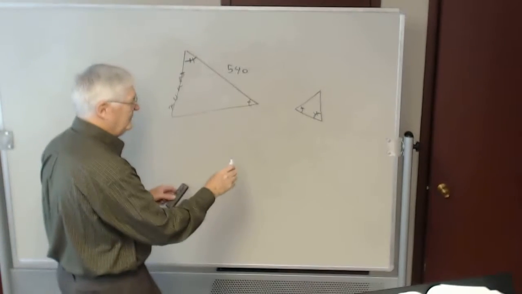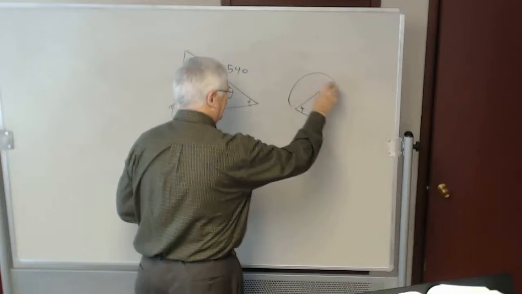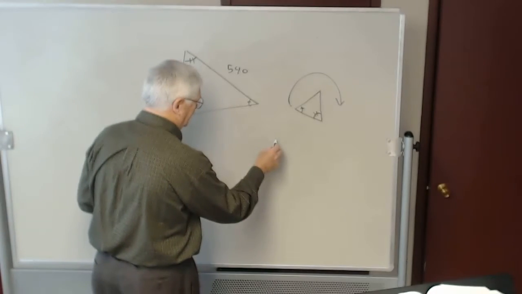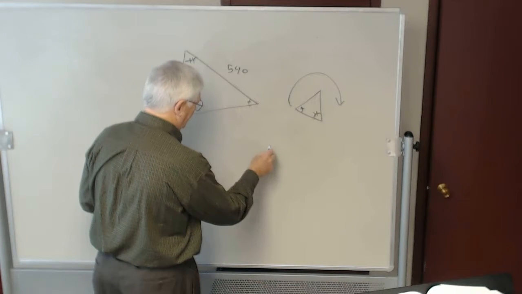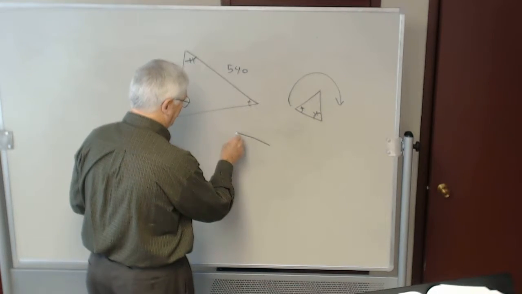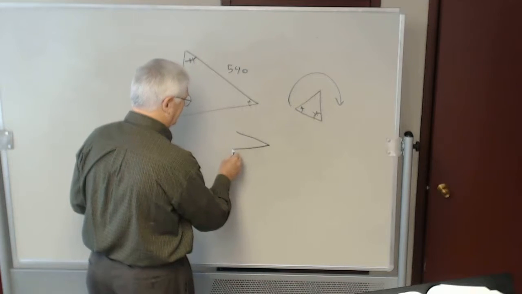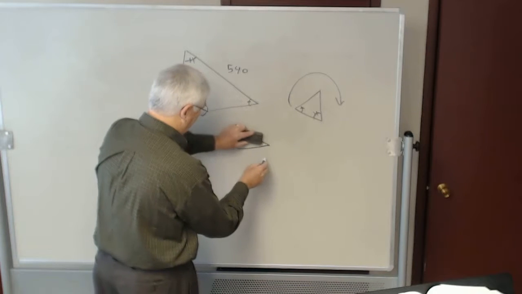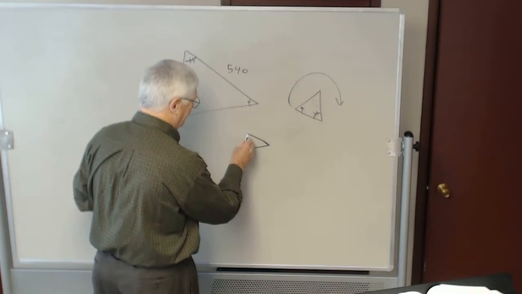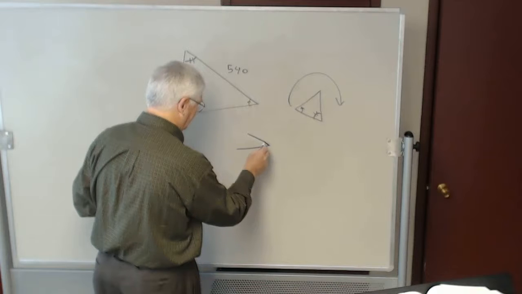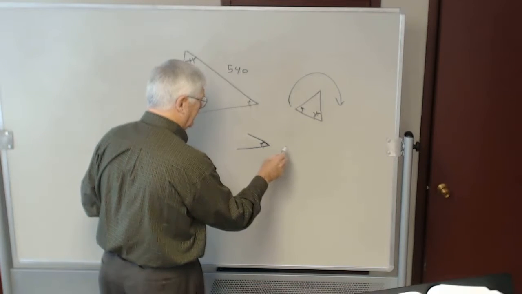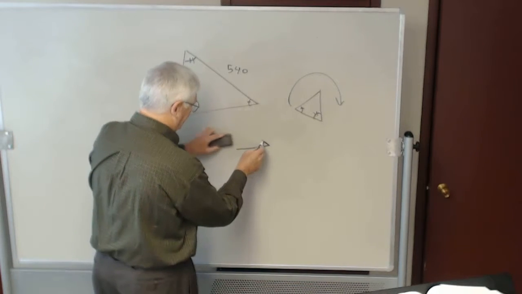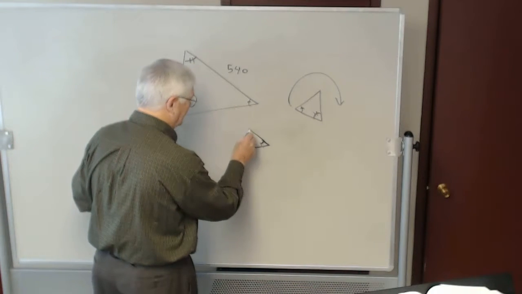So do you see what I need to do? I need to rotate this thing around. So I've got this angle over here going up like this and over like this, maybe a little higher, up like this. So I want to rotate this one around so that angle's over here. And then where does that put this other angle?